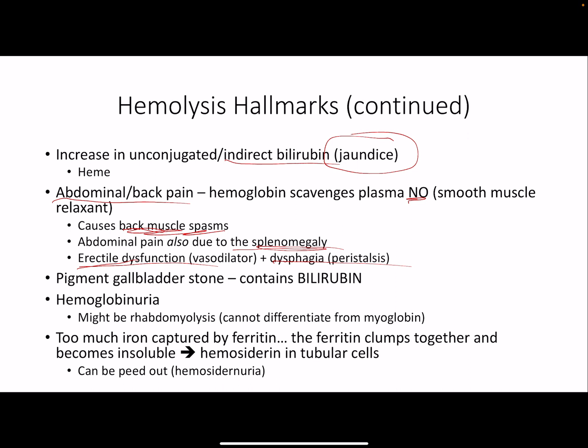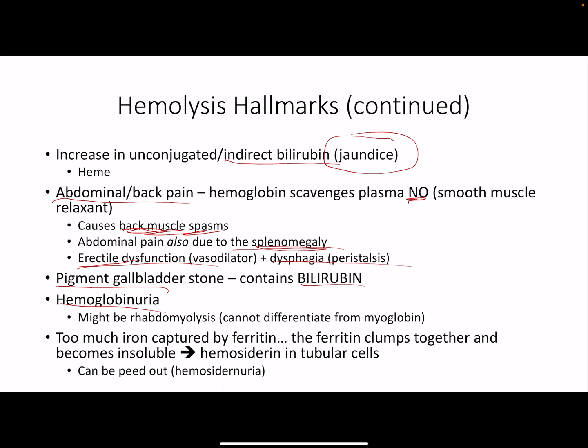There's lots of different types of, maybe not lots, mainly we have cholesterol gallbladder stones. But if you have too much bilirubin in the blood, which you would have if you have tons of hemolysis, you can also get what's called a pigment stone, which is really just lots of bilirubin, which accumulates and precipitates. Too much hemoglobin might eventually just get passed into the urine, so hemoglobinuria.